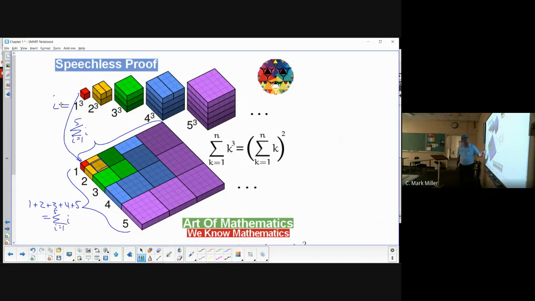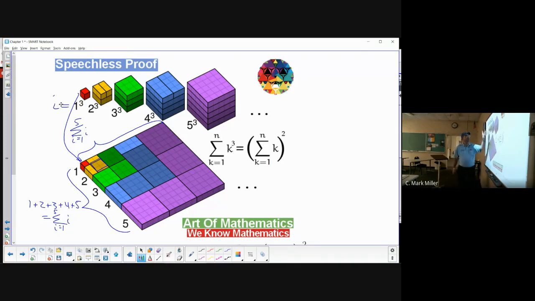And so since this is a square, its area is one of these squared. So the sum i equals 1 to 5, which is this part, squared is one way of adding up those in the middle. But notice that equals the same number of cubes in all of these put together.